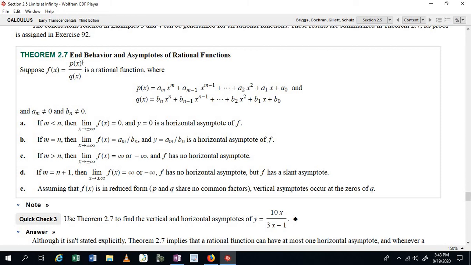So p of x, the top polynomial, is being written in general form here. It has degree m, and the leading coefficient is being described as a sub m. Whereas the bottom polynomial, q of x, has degree n, and the leading coefficient is being described as b sub n.